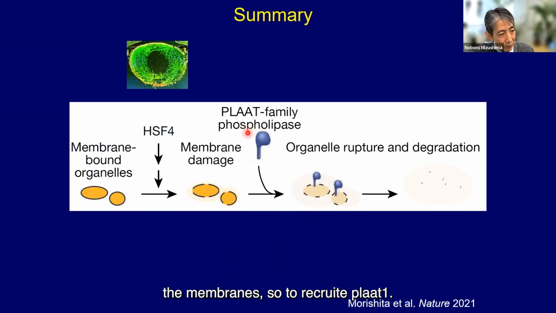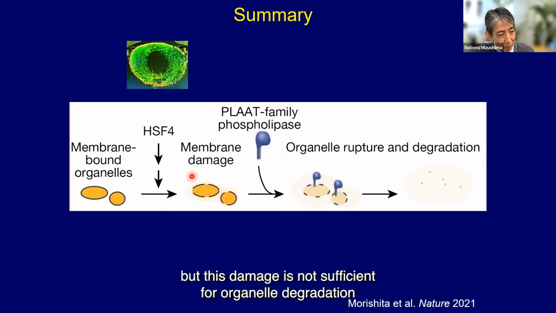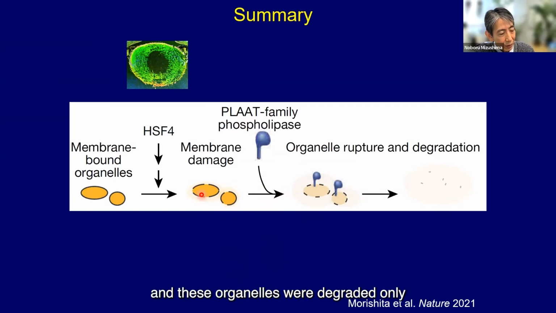To recruit PLAT1, we found that these organelles must be already partially damaged, but this damage is not sufficient for organelle degradation. These organelles were degraded only after PLAT1 recruitment.